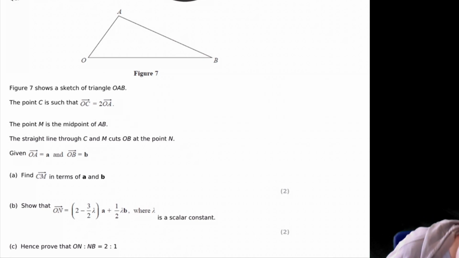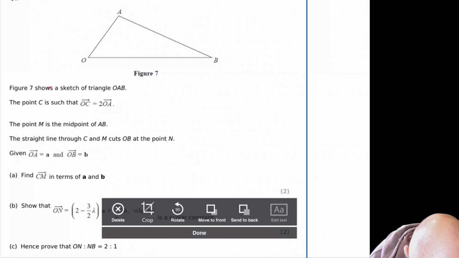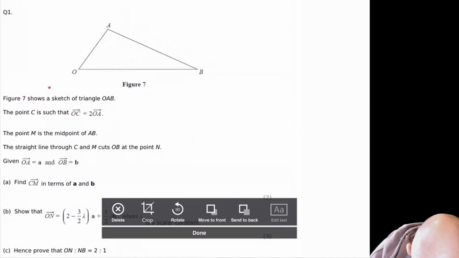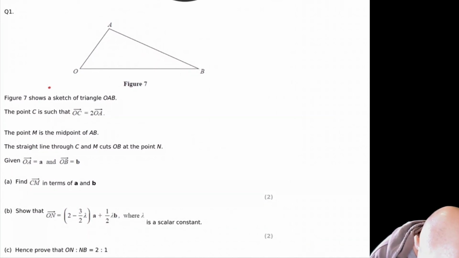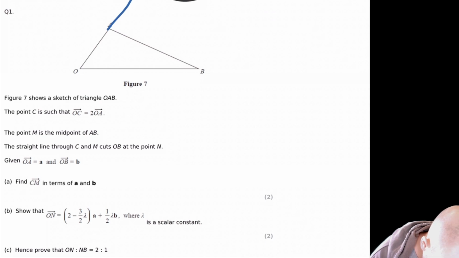Right, so let's draw some stuff. OC is 2 lots of OA. Okay, so straight away, I'm going to shrink that a little bit, just so I can fit in what they're saying. So OC is 2 lots of OA. So C must be up here somewhere.